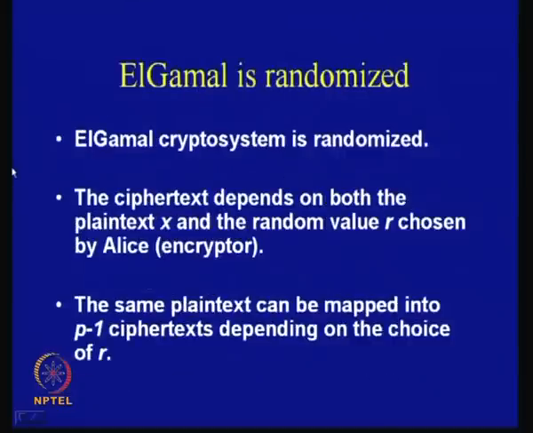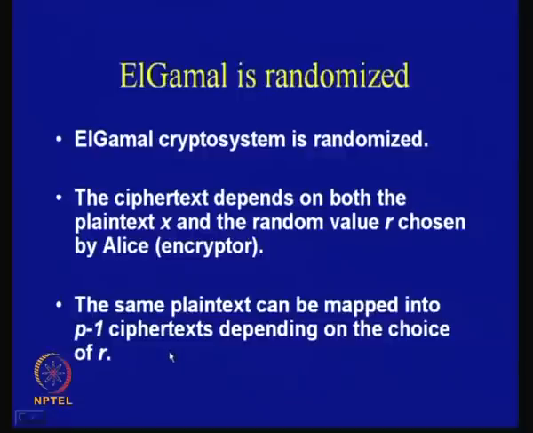So, note that the ElGamal algorithm, as I told you, is a randomized algorithm, that is, the ciphertext depends on both the plain text x and the random value r chosen by Alice, who is the encryptor. Therefore, the same plain text can be mapped into p minus 1 ciphertexts depending upon the choice of r, right, because you can have r from 0 to p minus 2, that is p minus 1 choices.